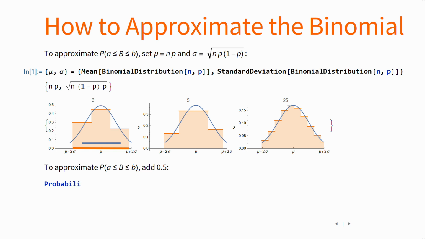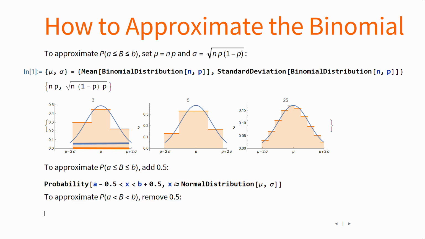Then the lower bound is inclusive, so decrease the lower bound by 0.5, and the upper bound is included, so increase the upper bound by 0.5. On the contrary, if the binomial probability bounds are exclusive, then increase the lower bound by 0.5 and decrease the upper bound by 0.5.